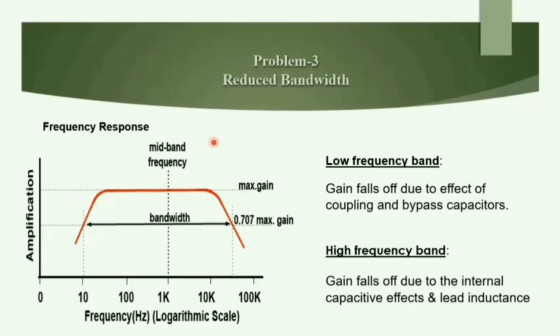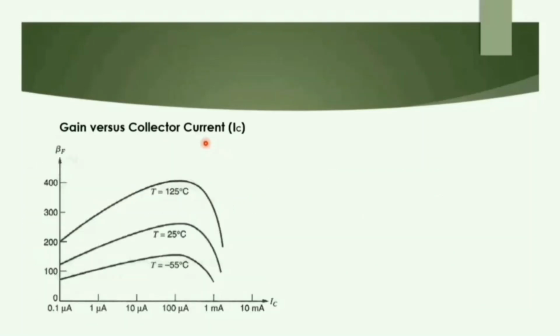Amplifier gain does not remain constant, but it depends on mainly three things. First is temperature variations. As we have discussed earlier, transistor being a semiconducting device has a negative temperature coefficient. So with the change in temperature, output current IC will also change.